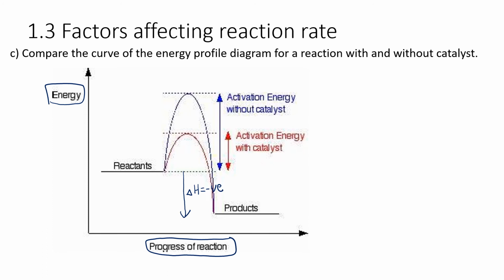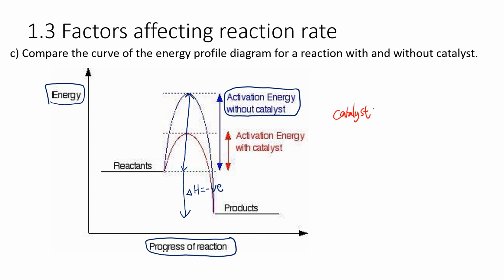And then we must include the activation energy without the catalyst. So without the catalyst, the activation energy is from the reactant to the highest energy level. So this is activation energy without the catalyst. With the presence of catalyst, first you must understand what is the function of catalyst.